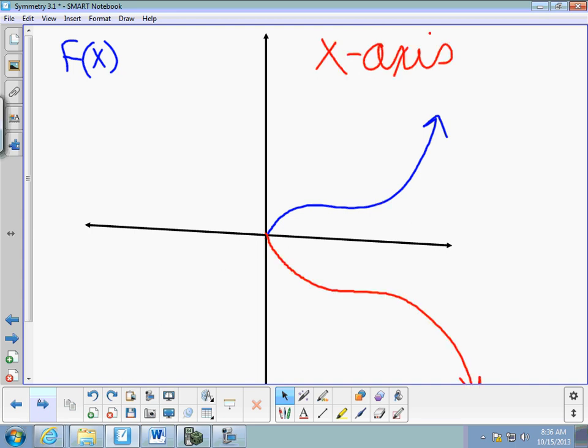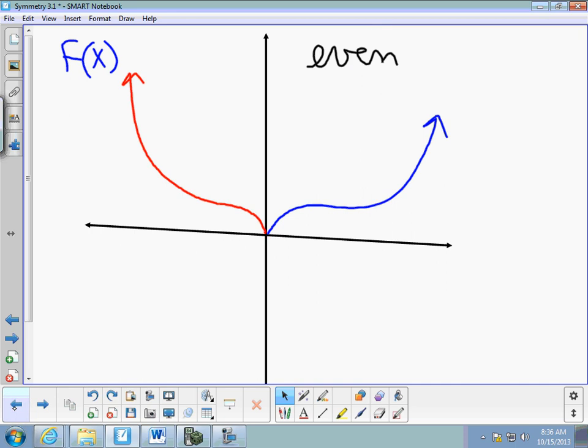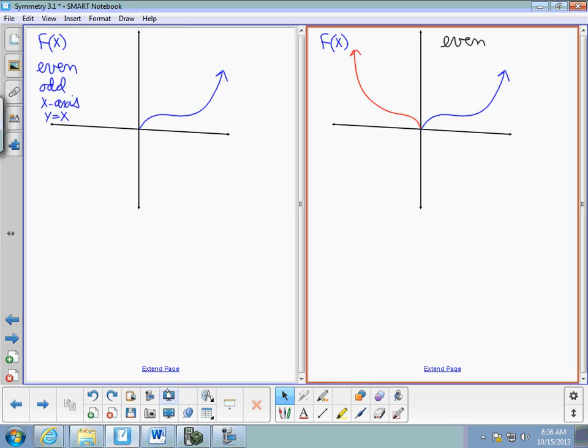If I said x-axis, it should look like that. Let me go through those again. I know I was going a little fast there. Even one should look like that. An odd one would look like that, symmetry through the origin.